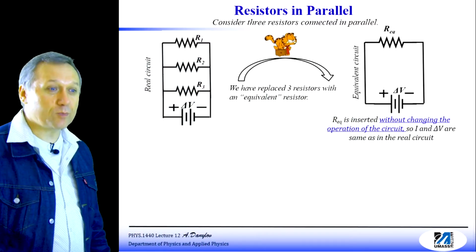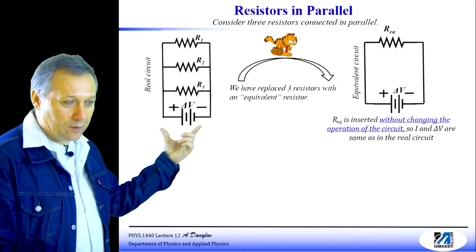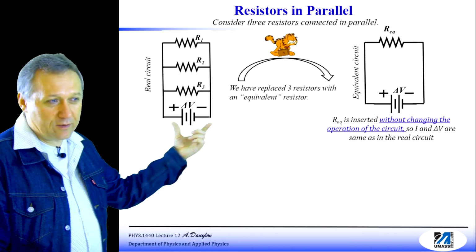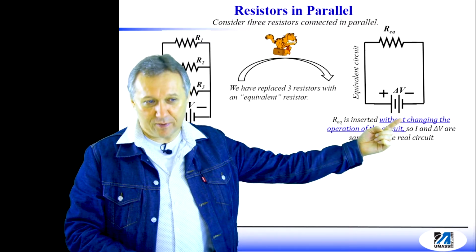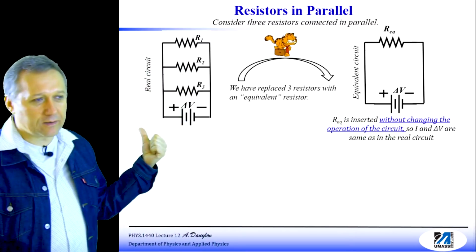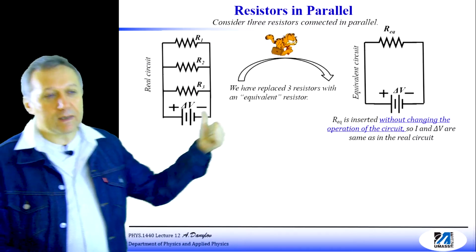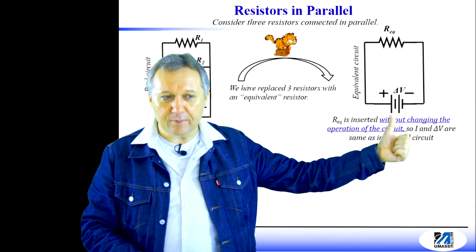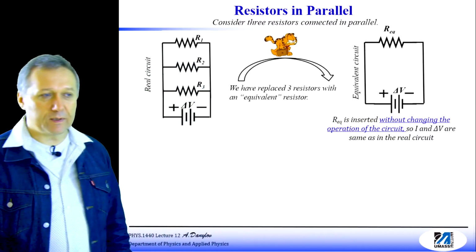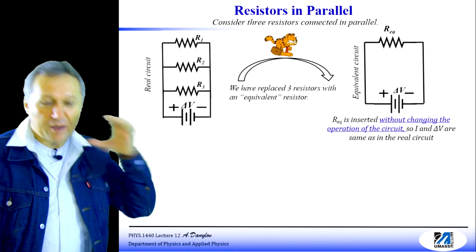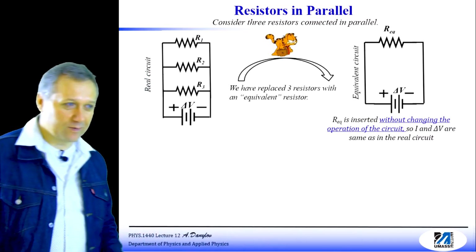So it means what? If the potential difference delta V is, let's say, 9 volts here, exactly the same 9 volts must be there. If a certain current, let's say 5 amps, is taken from the battery in the real circuit, exactly the same current of 5 amps must be taken from the battery in the equivalent circuit.